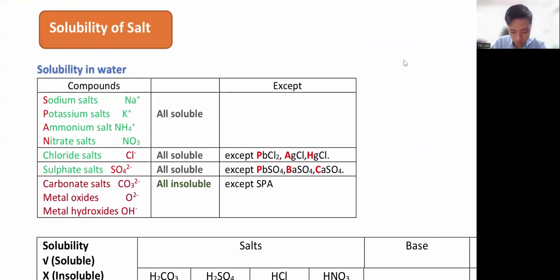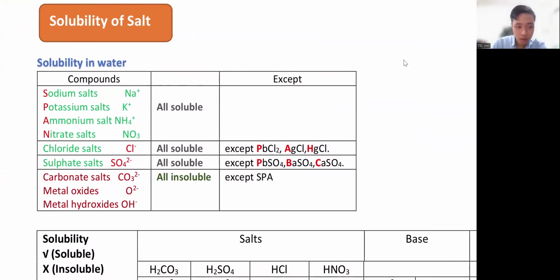So which salts are soluble? The number one priority is SPAN salts, all are soluble.